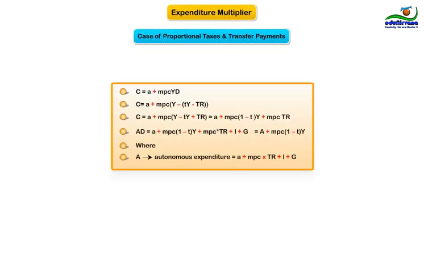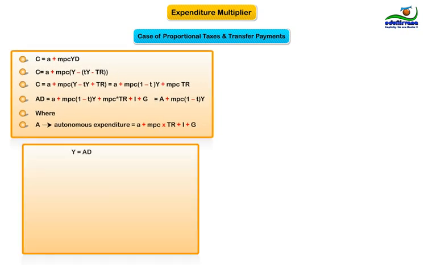Now, let's figure out the multiplier equation. For that, we have to find income. As we know, the income determination condition in the product market is Y = AD.